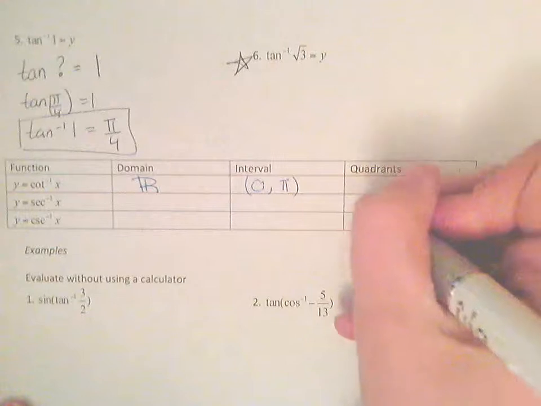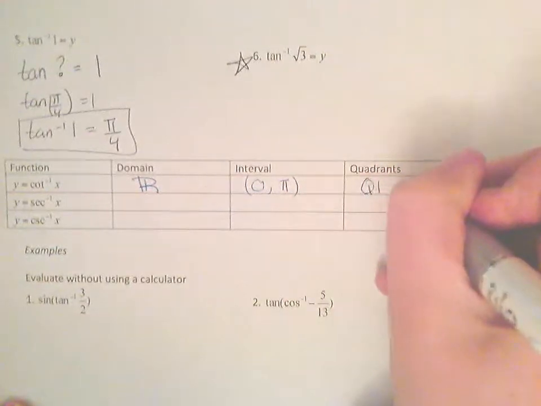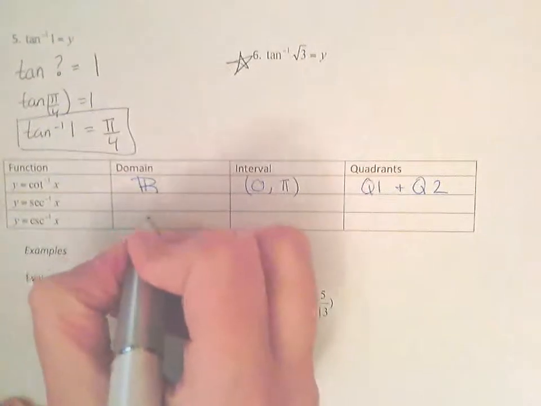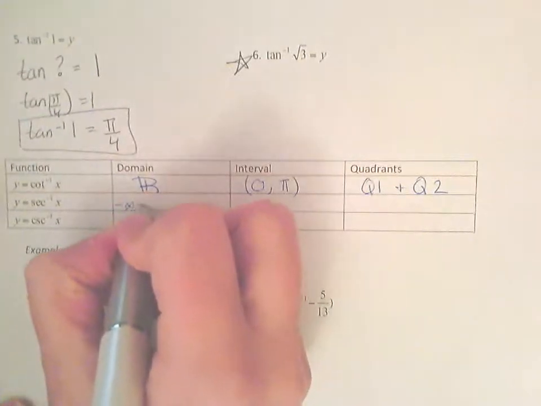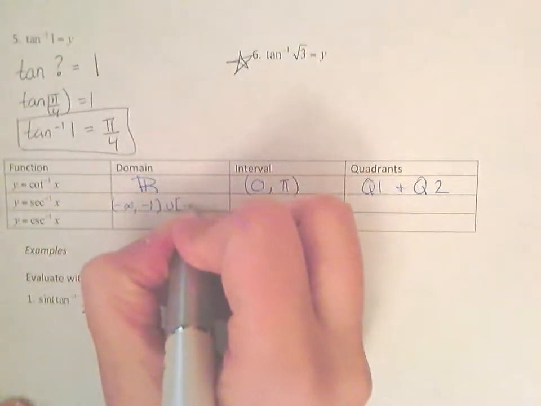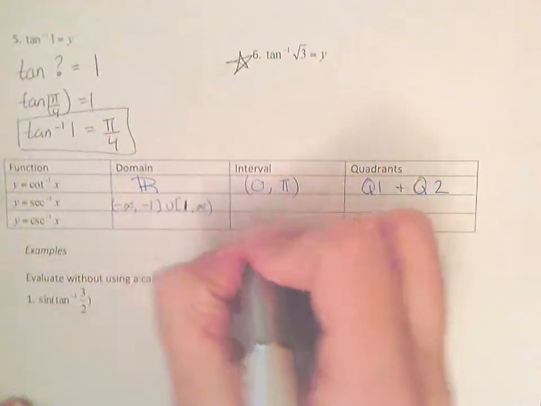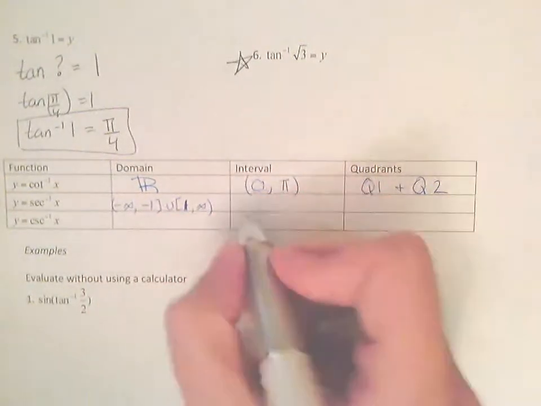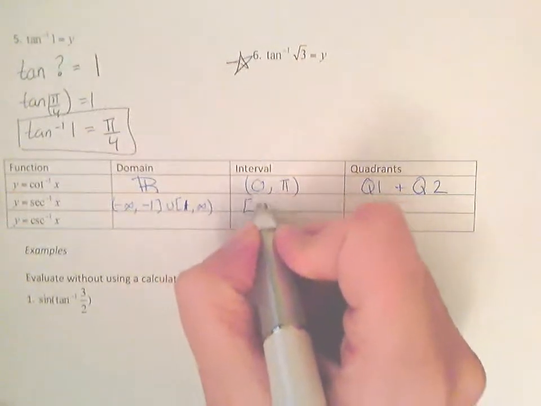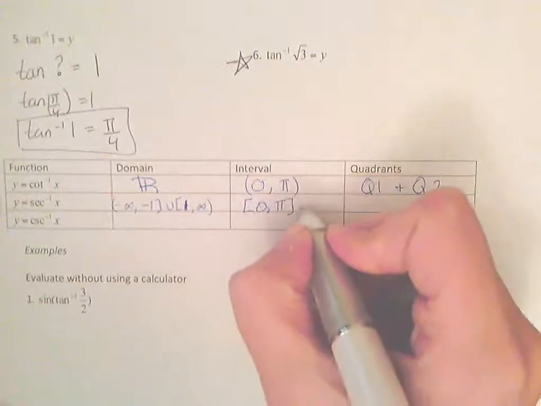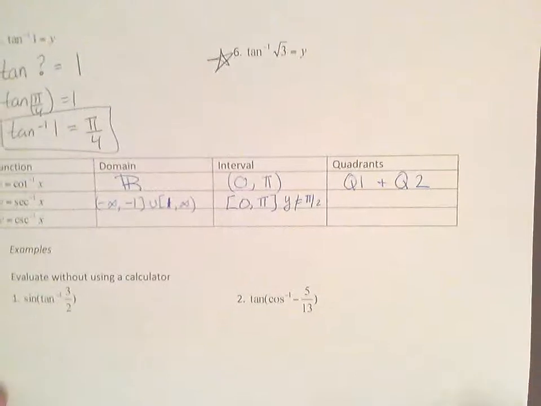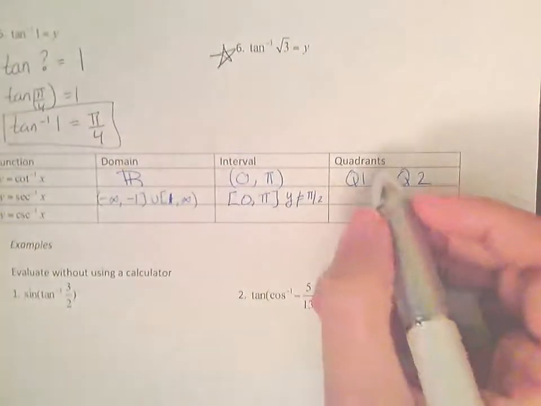So the quadrants for 0 and pi are going to be Q1 and Q2. The domain for inverse secant is negative infinity to negative 1 included, union, and then from 1 to infinity. But the restriction interval for the secant is going to be 0 to pi as well. The 0 to pi is included, except y cannot be pi over 2 because there's an asymptote at that point.